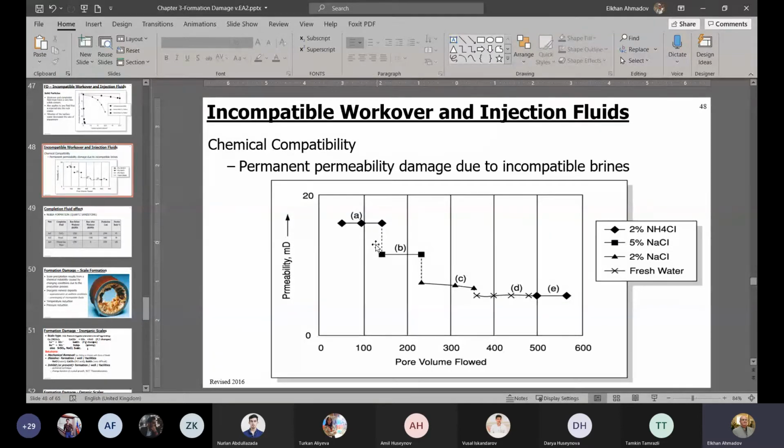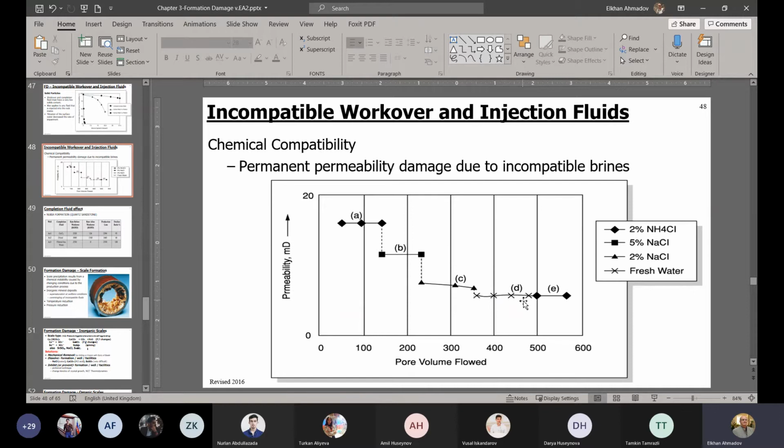Then we inject fresh water. Fresh water has an effect again on the permeability, but a little bit less, because we talk about the chemical compatibility, the chemical effect. So its chemical effect is less, but still we have reduced permeability due to the fresh water.